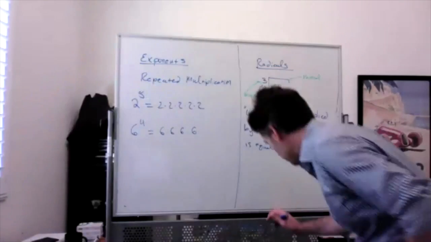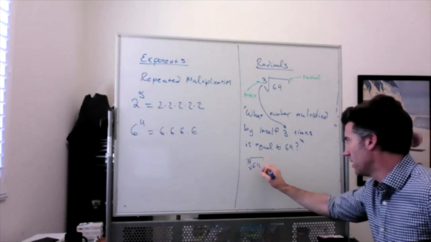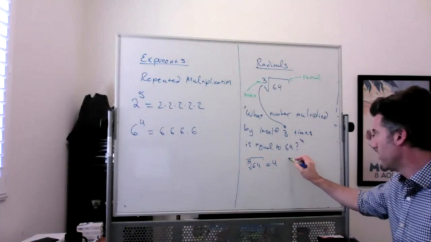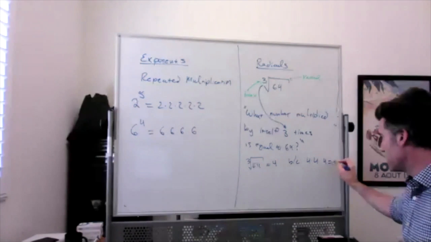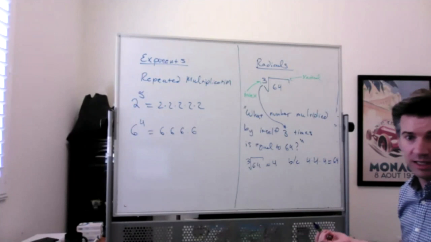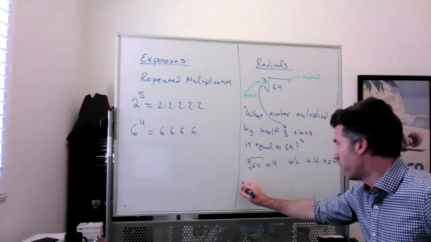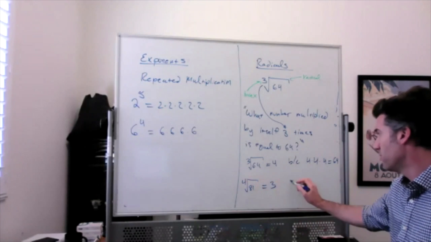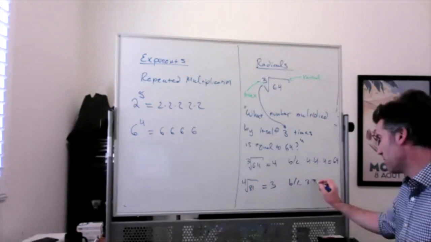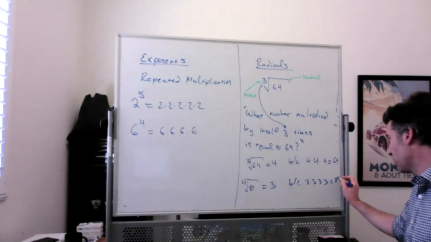So that said, the cube root of 64 is 4, because 4 times 4 times 4 is equal to 64. In a similar way, the fourth root of 81 is equal to 3, because 3 times 3 times 3 times 3, 4 times, is equal to 81.